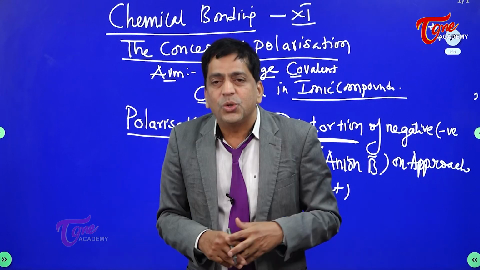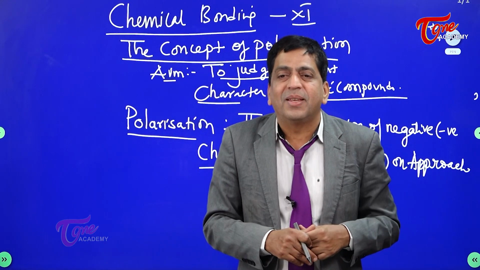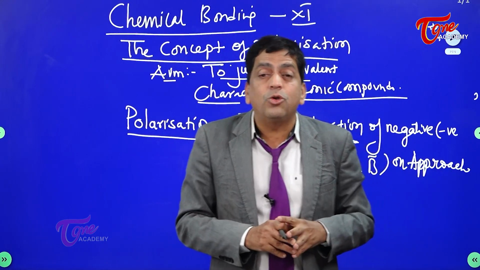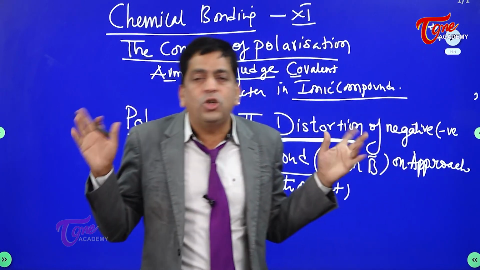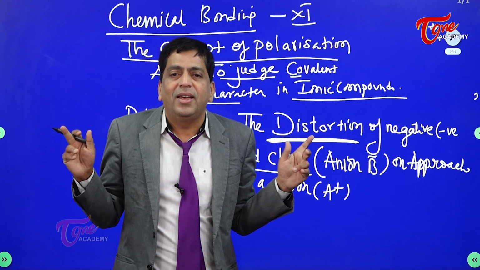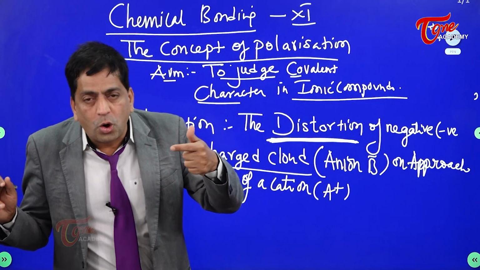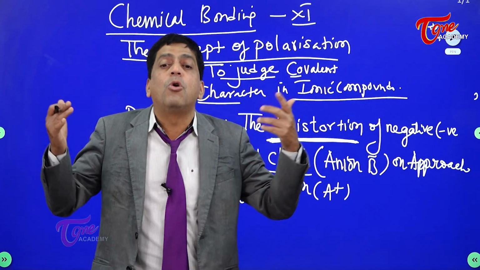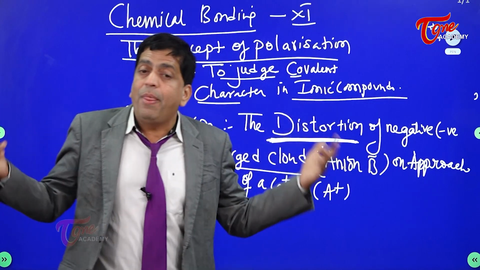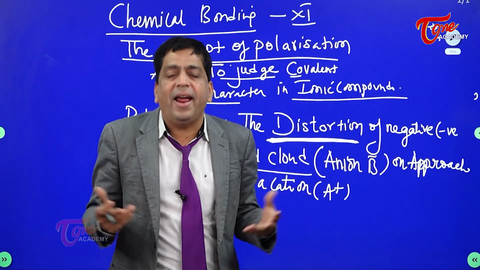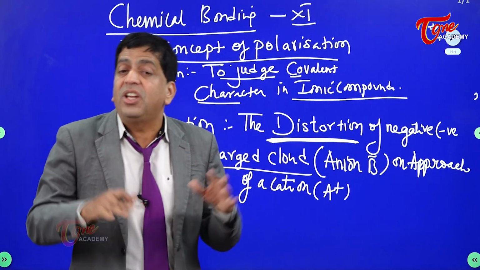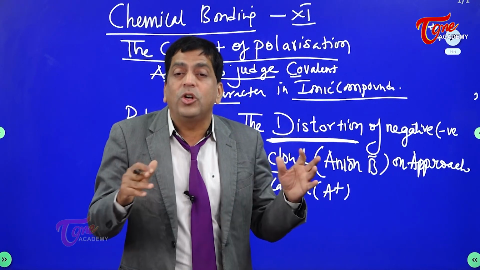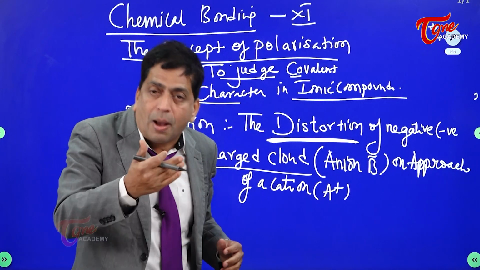Extrapolate your common sense. When it's approaching, fine, I'm getting shy. And when you come closer towards me, I'm feeling more shy. But even though I'm feeling more shy, the negative charge is actually inviting the positive ion to please come more forward.